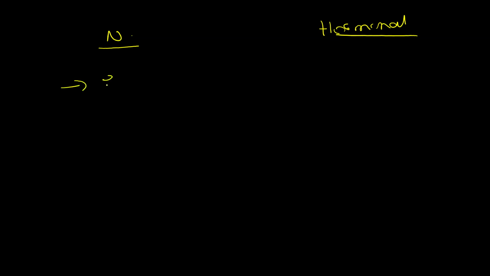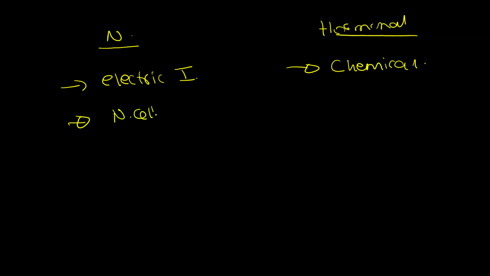So the nervous system, electric impulse. And the hormonal, quickly, chemical impulse. Very good. Now, which system sends impulses or sends the message via nerve cells? The nervous system. Okay, nerve cells carry the message. Now, the hormonal system. Who carries the hormone or the chemical? The blood. Very nice. Okay, I hope you get a question like this.